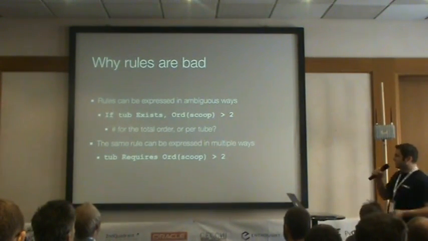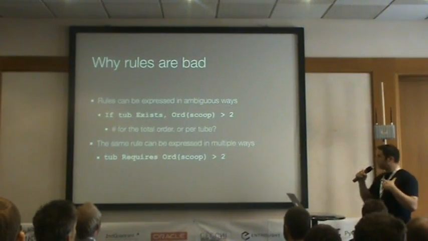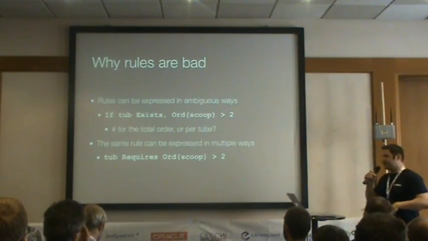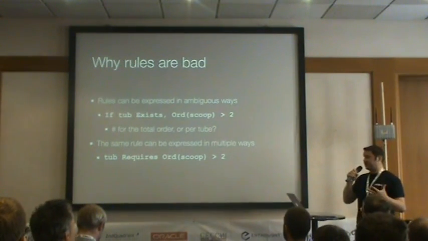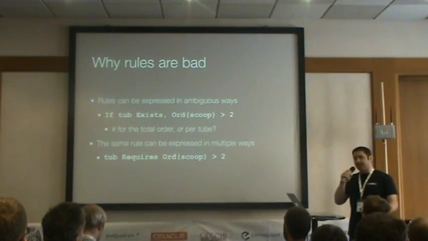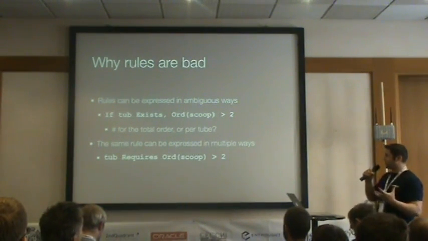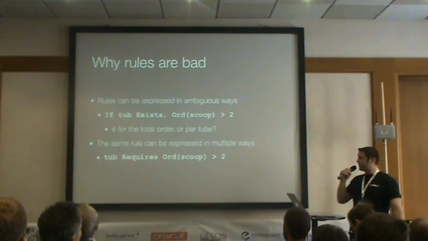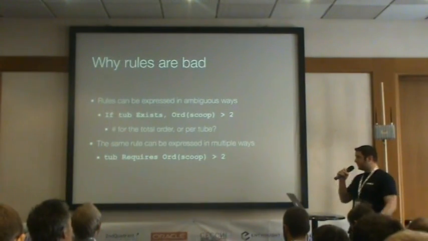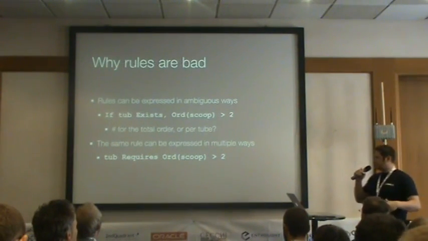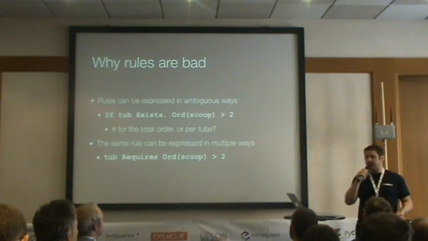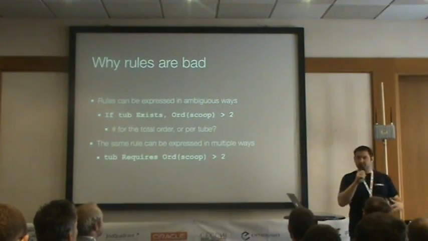And you can see here that what I've listed as some of the problems is that rules can be expressed in very ambiguous ways. Because you've expressed them in some operator, it's done by a developer, the naming conventions may be bad. But here, relating back to the ice cream, if I have one of those giant tubs that Rob was showing us, then I need at least 2 scoops. The ordinality of the scoops needs to be 2. Now, you look at that and you think, okay, that should be just 2 for that particular tub, not for the order at large, but who knows?